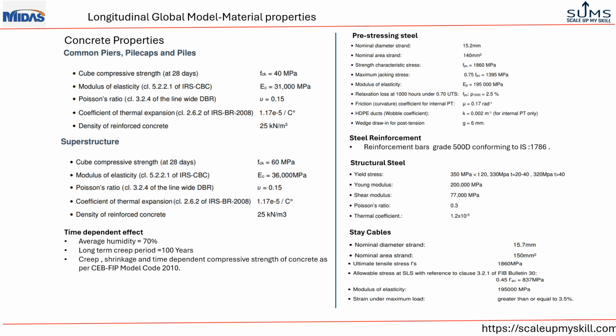Steel reinforcement grade considered in the design is 500D as per IS 1786, and the structural steel considered in pylon is 350 MPa. The stay cable strand diameter considered is 15.7 mm, and nominal strand area is considered 150 mm square.